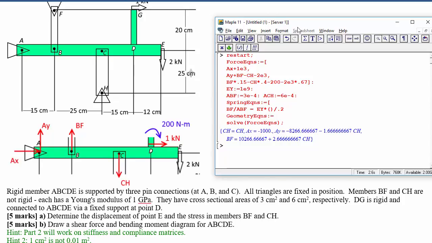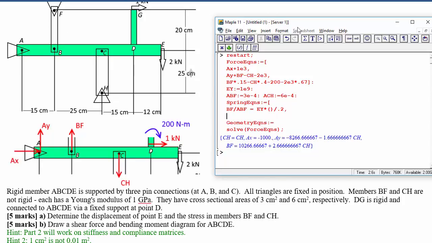Now the other one that we're going to have for CH would be CH divided by its area is equal to its Young's modulus times its change in length over its original length, which is 0.25. And that's the principle for the spring equations.